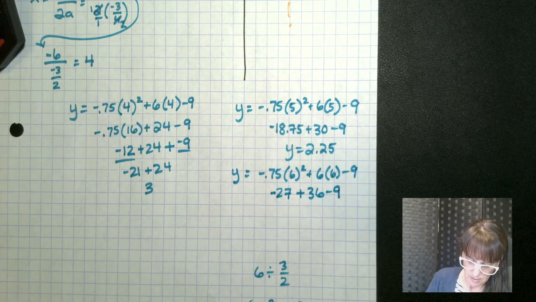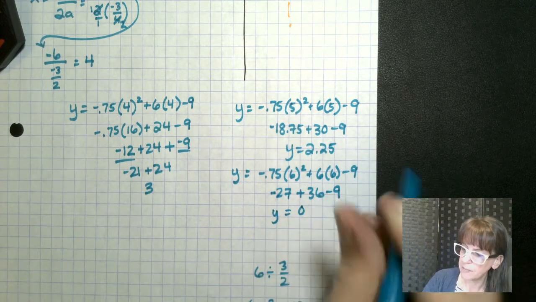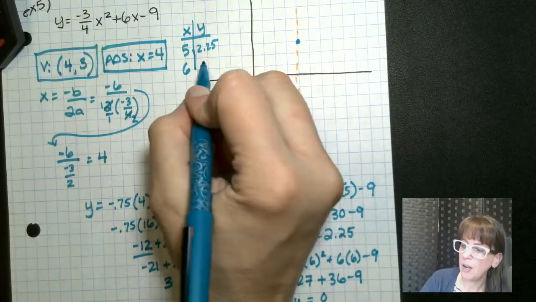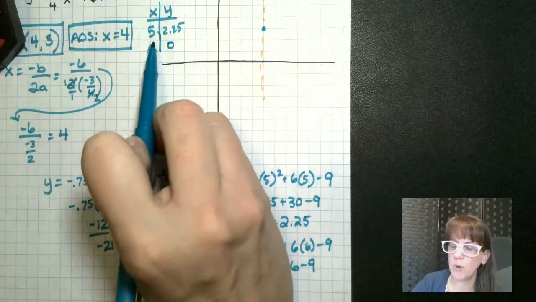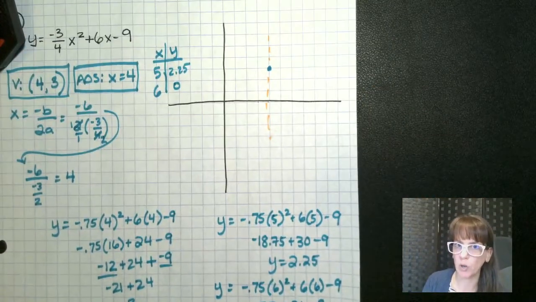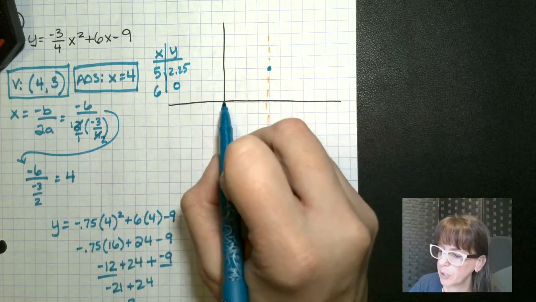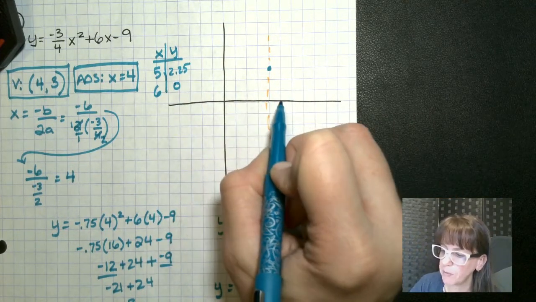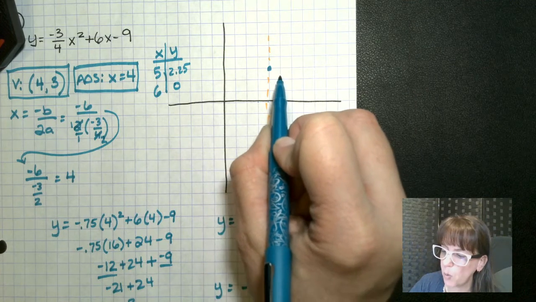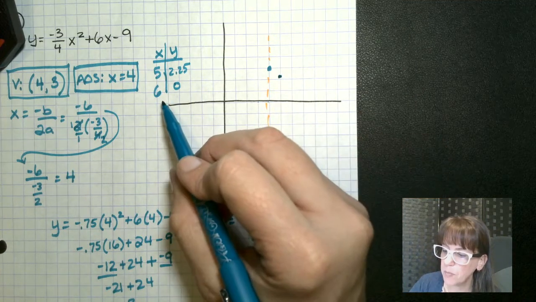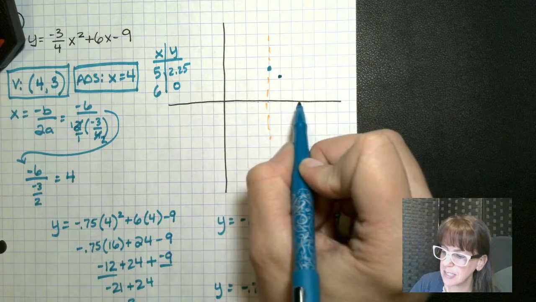When we enter those into our calculator, we end up with y equals 0. So when it's 5, we go up 2 1/4. So we go over 1, 2, 3, 4, 5, and we go up 2 1/4. So right there. And then when we go over 6, it's 0.